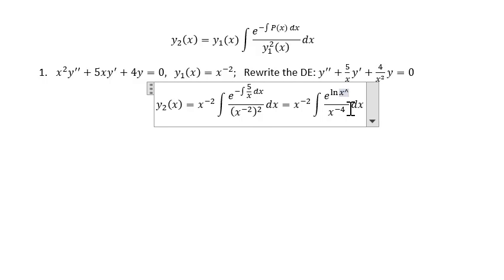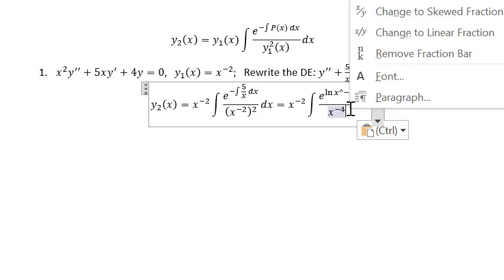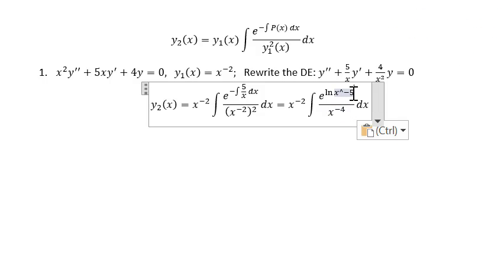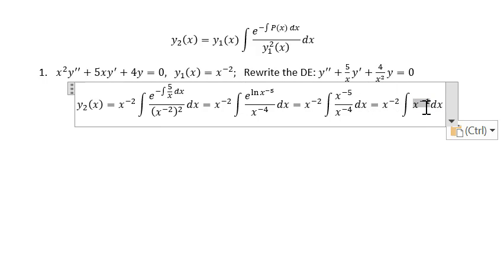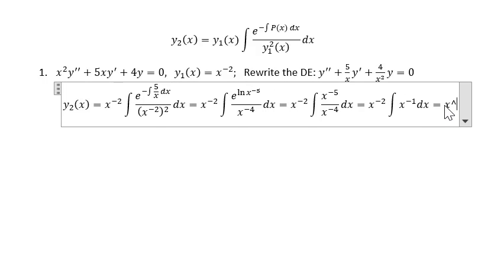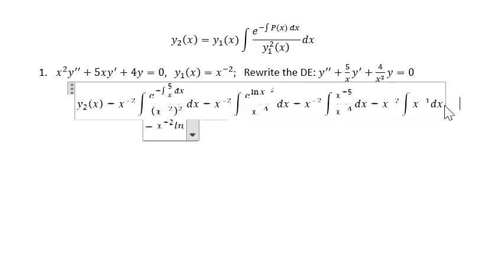If we put that as a power of x, then we're allowing the e and the ln to undo each other, and so that's just going to be x to the 5th in the numerator, divided by x to the 4th in the denominator, which will give us x to the negative 1. That's just 1 over x. So the integral of that is ln x. And so our final result here should be x to the negative 2 power times ln x.